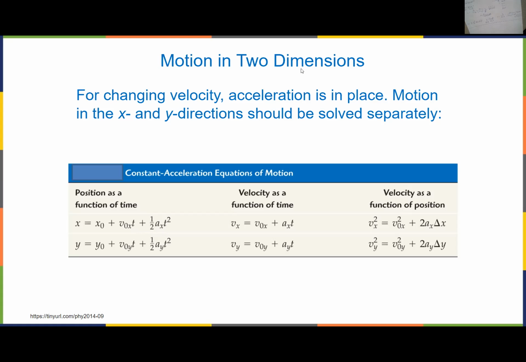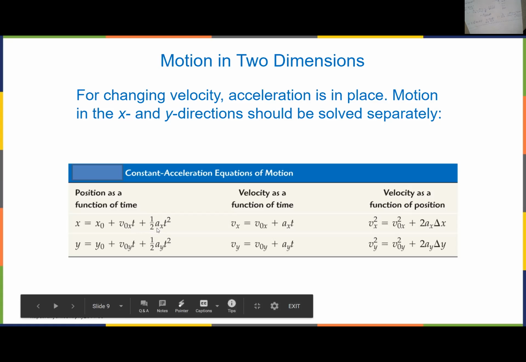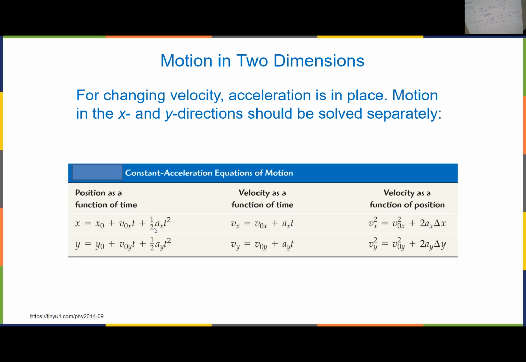You will break the velocity into x and y components. You will also break the acceleration into x and y components, since that's also a vector. Your velocity has an x component, which is equal to its initial x component plus the acceleration x component times t.